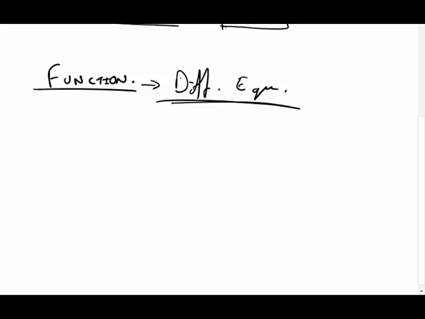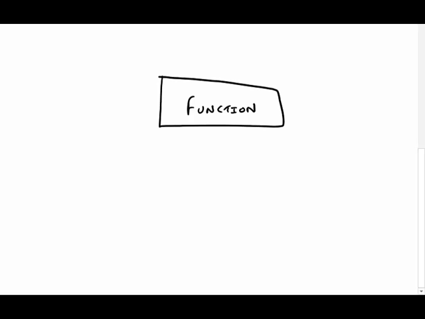Well, let's remind ourselves of the definition of a function. Let's suppose we have a function, and let's draw it out. You probably did this in primary school. Basically, you put some number in, let's say 2, and you have some function, let's say y equals 3x plus 4.